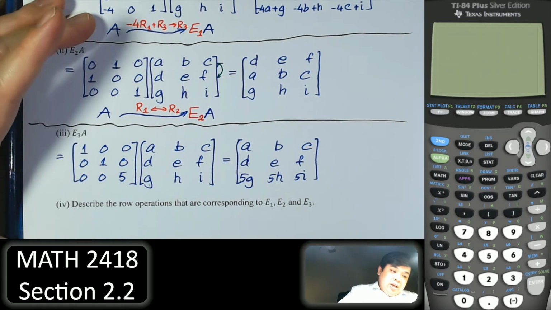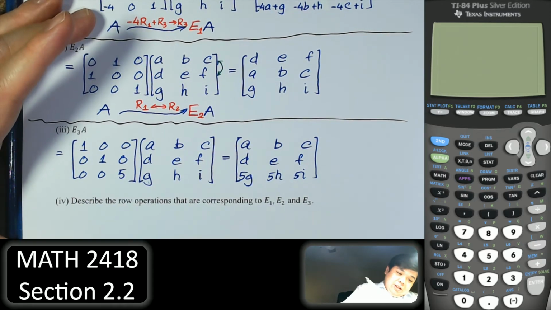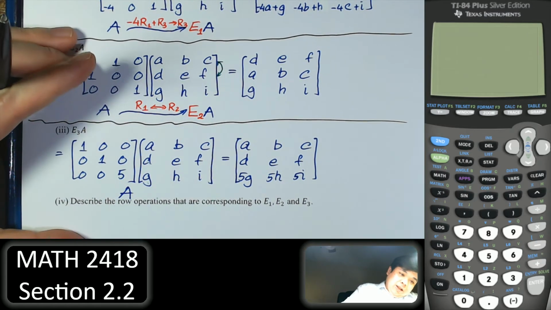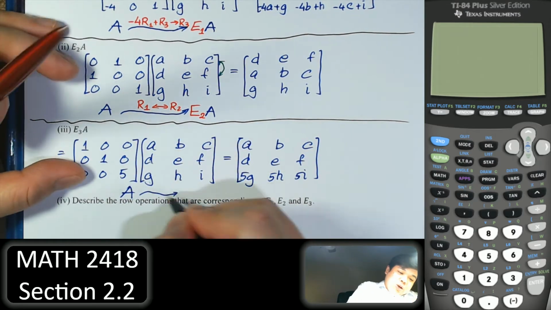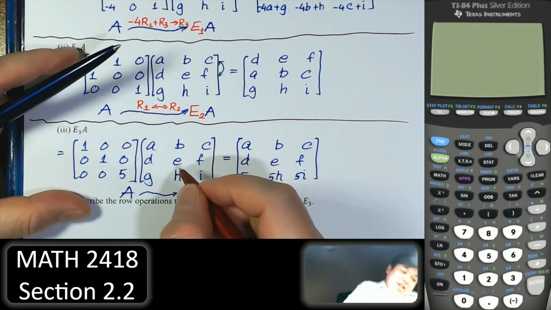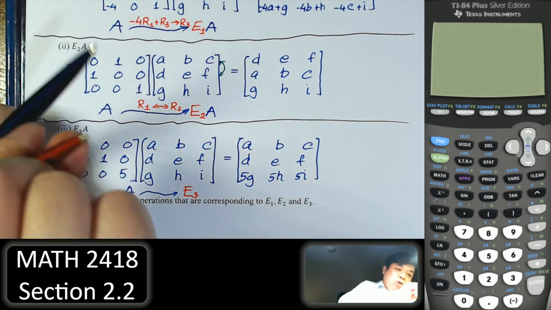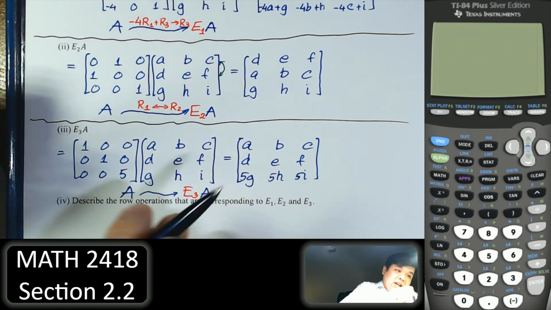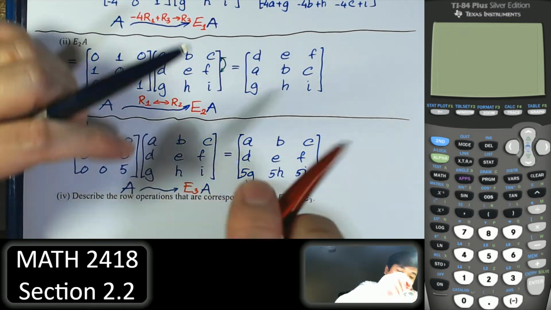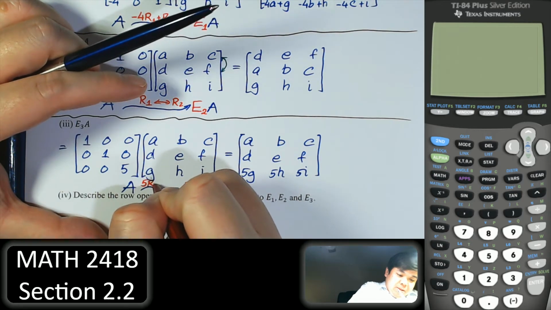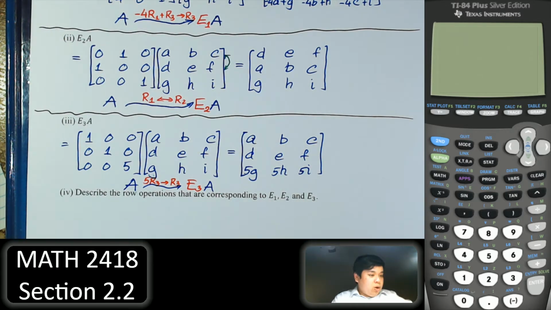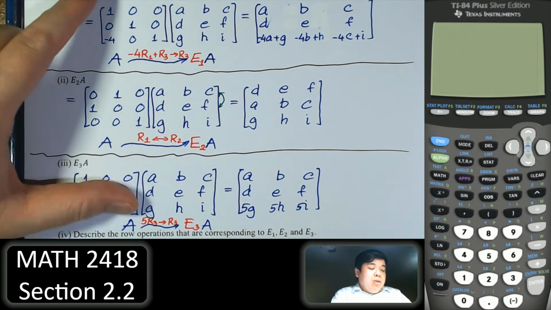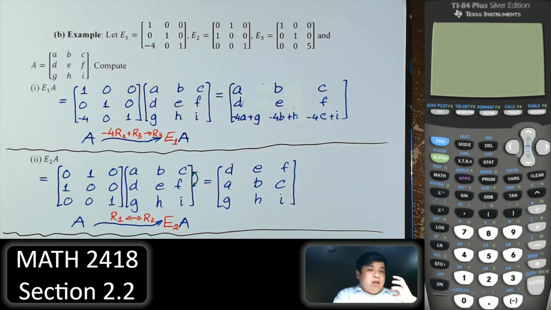So we can say the matrix A, actually just draw an arrow instead. When we multiply the matrix E3 into A, it is the same thing as multiply 5 into row 3, store down to row 3. So you see each elementary matrix here will act as an elementary row operation.